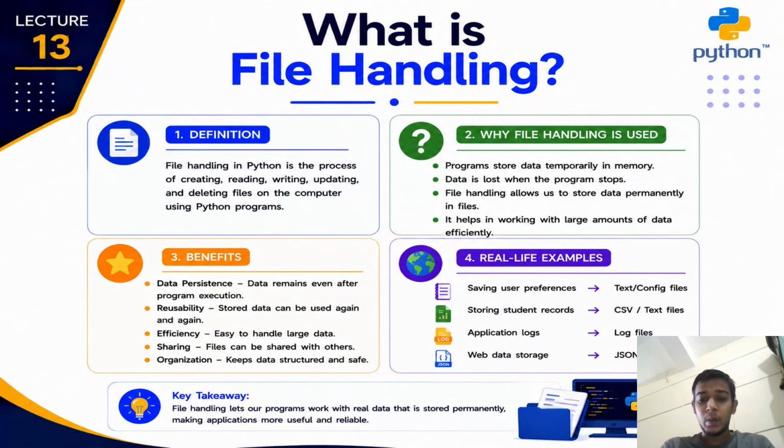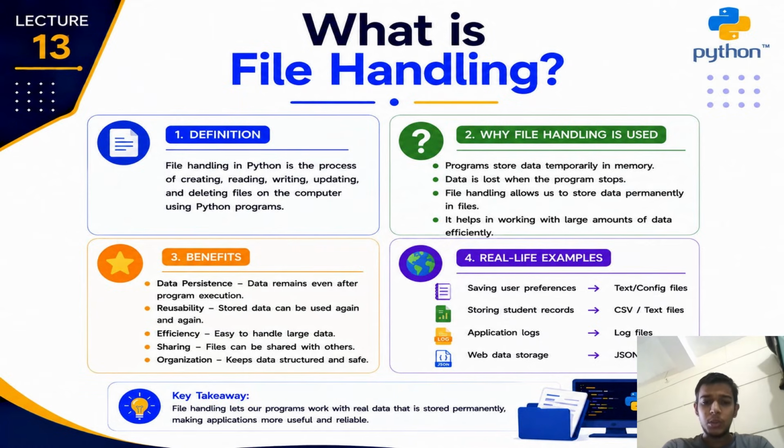Now you may wonder, why do we need file handling? When a Python program is running, the data we create is usually stored temporarily in memory. Once the program stops, the data can be lost. For example, suppose we are creating a program that stores the marks of students.